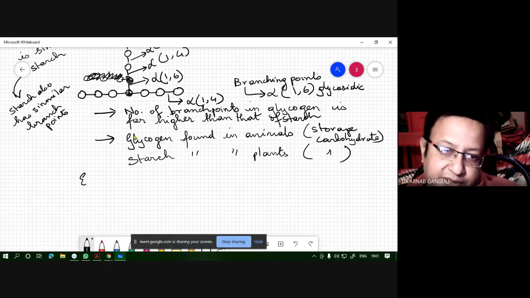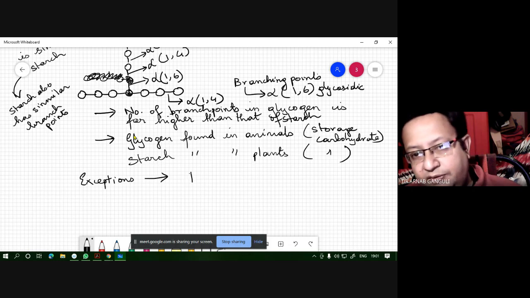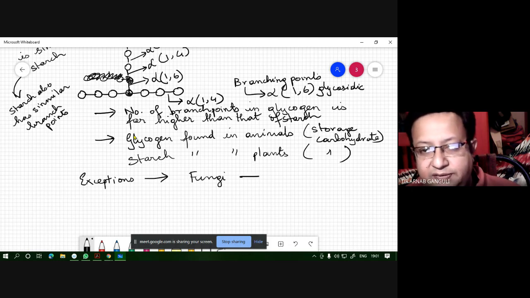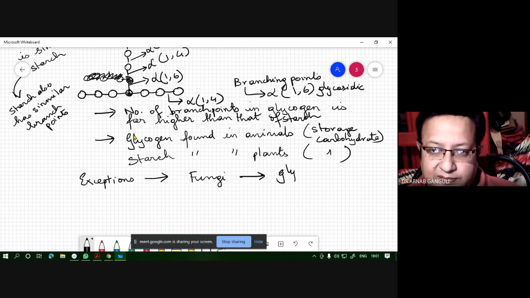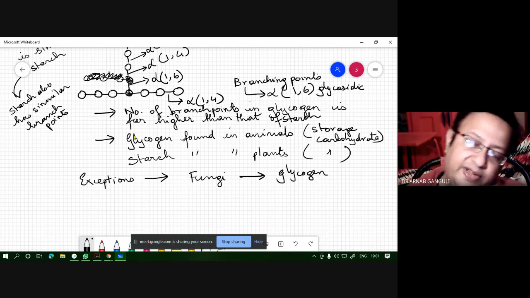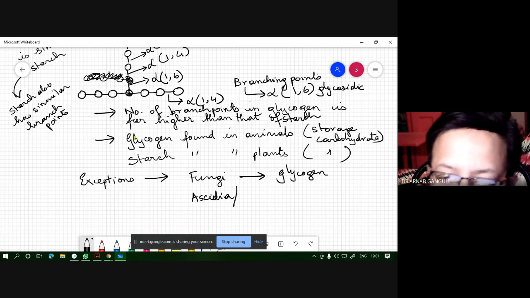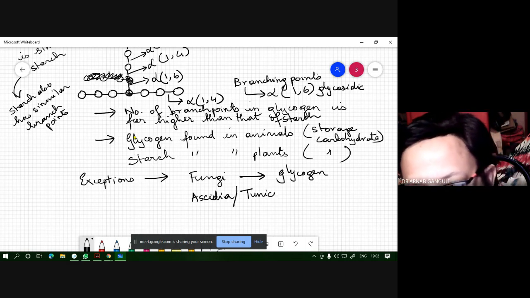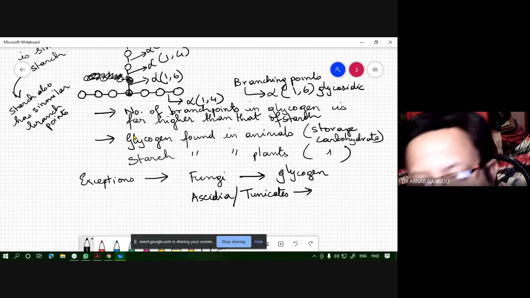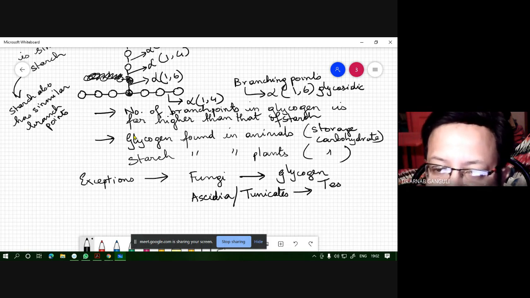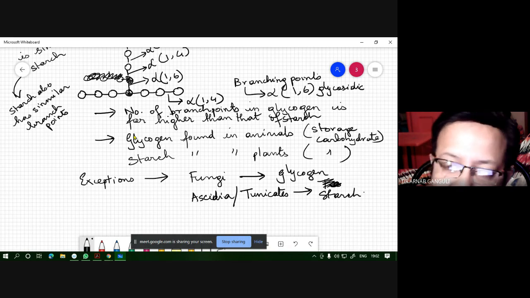And where are the exceptions? Fungi have got glycogen, if you consider fungi as plants. And in animals, Ascidia, a group known as tunicates, have a test made of starch.